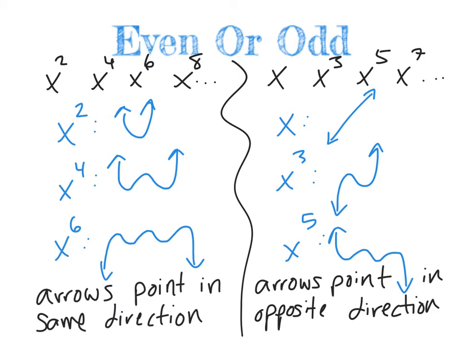So the biggest key thing to take from this is that for even exponents, the arrows point in the same direction, and for odd exponents, they point in opposite directions.